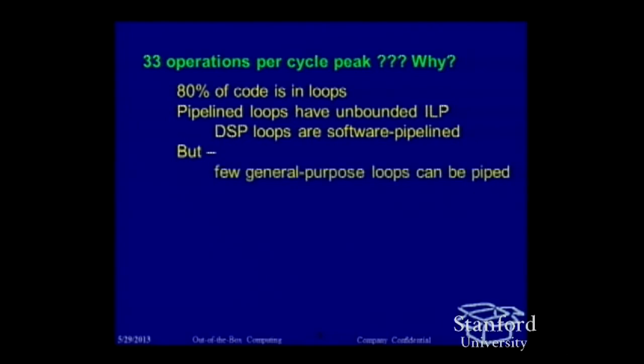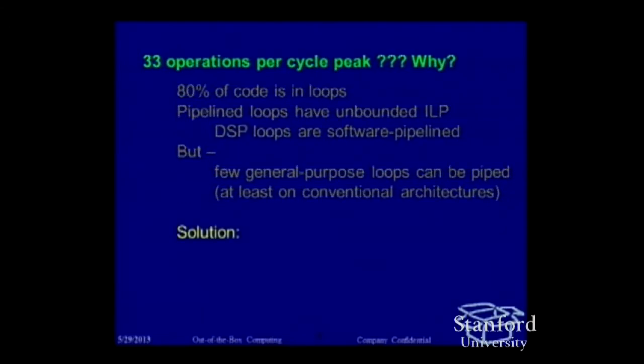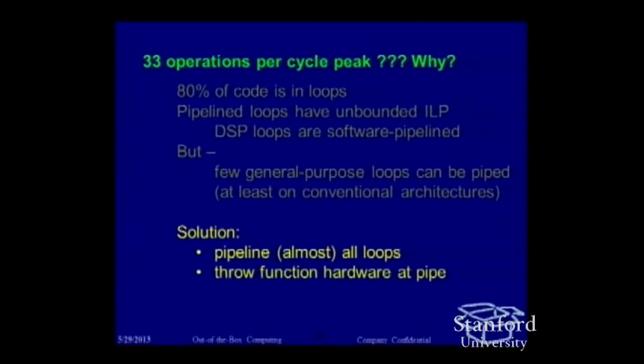But in current state of the art, rather few general purpose chips can be pipelined, at least on conventional architectures. The solution: find a way to pipeline almost all loops. And we have done that, but that's not the subject of today's talk. And throw hardware at it.